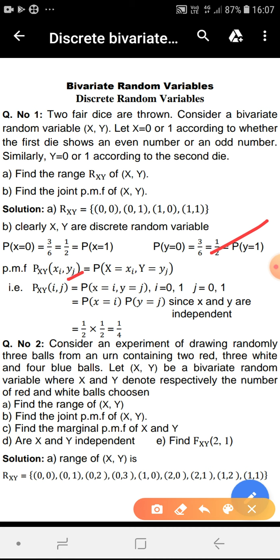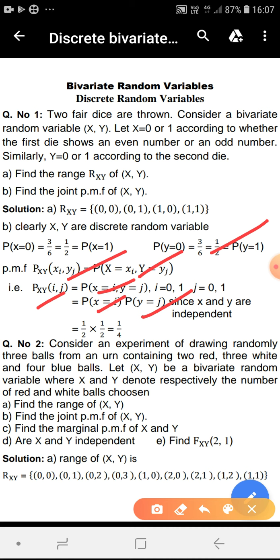So for the probability mass function p_XY(x_i, y_j), which is the same as the probability of X being equal to x_i and Y being equal to y_j, since X and Y are independent, we can write it as the probability of X being equal to x_i times the probability of Y being equal to y_j.